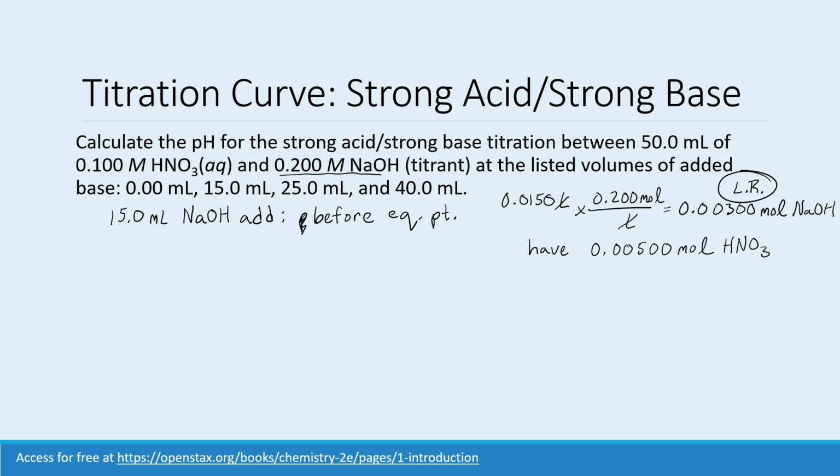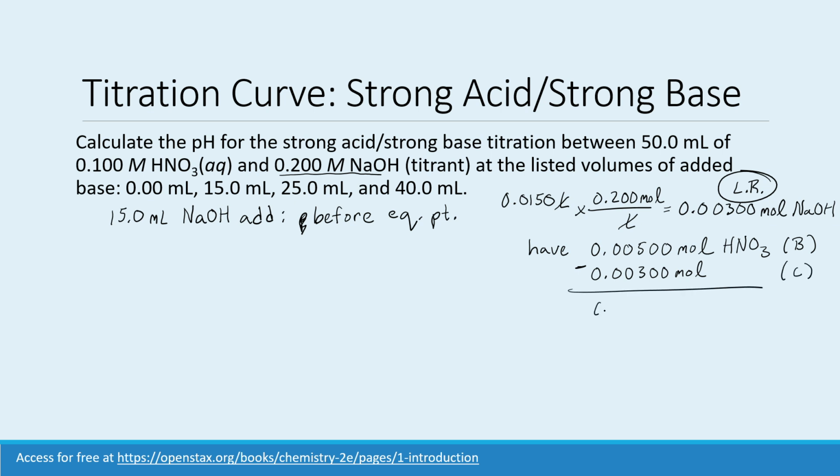And all of that sodium hydroxide will be used up reacting with the nitric acid. And so what we can do is subtract it out as the change. So if you were to do a full BCA table, and you could, this would be the before of the nitric acid, and then the change will be all of the sodium hydroxide reacting with 0.003 moles of the nitric acid.